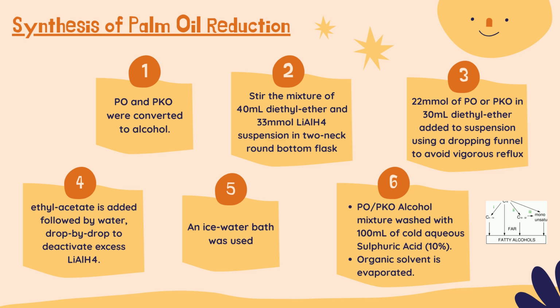In the synthesis method, it uses a procedure called reduction reaction of palm oil with varying catalytic amount in the presence of the catalyst lithium aluminum hydride. Using a standard reduction procedure, PO palm oil and PKO palm kernel oil were converted to alcohol.